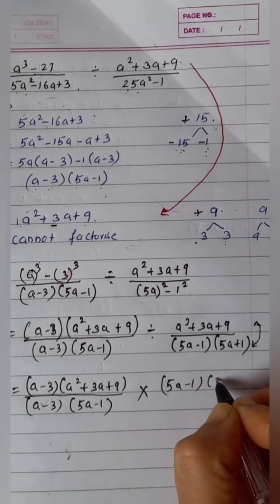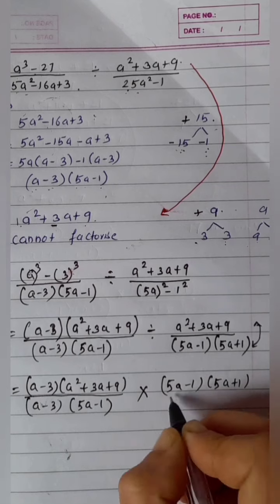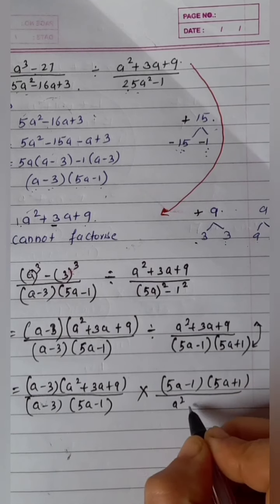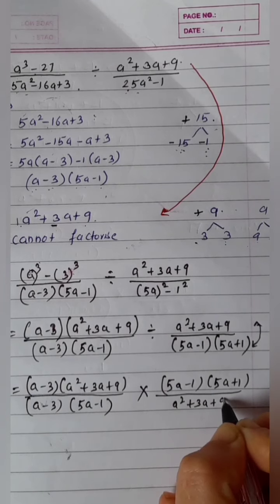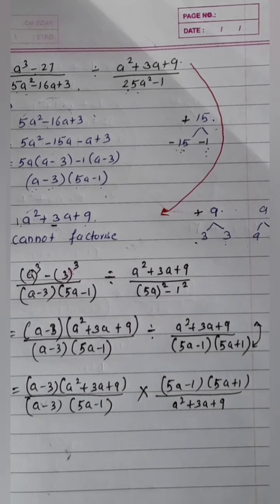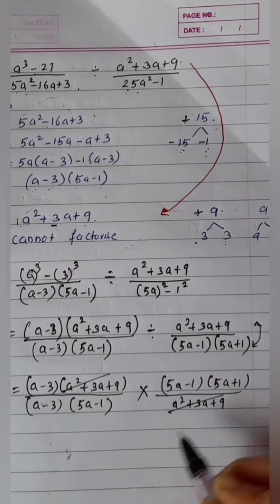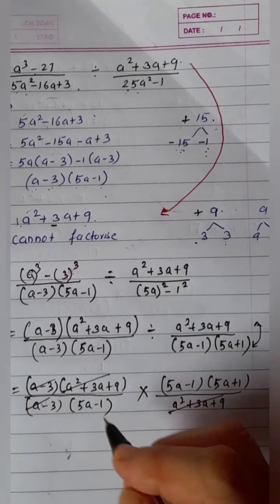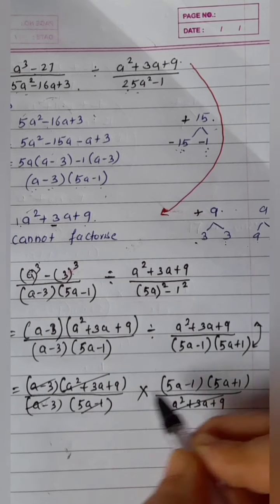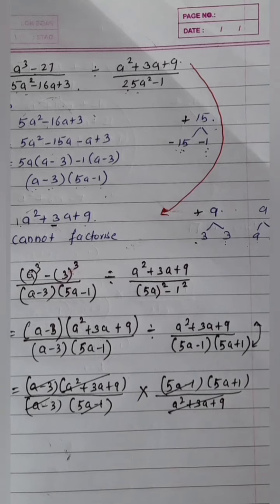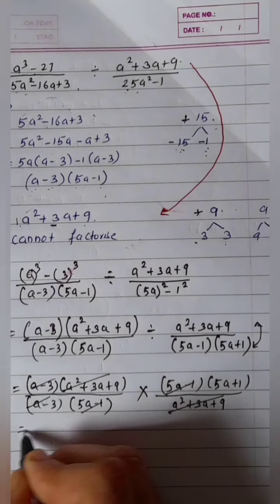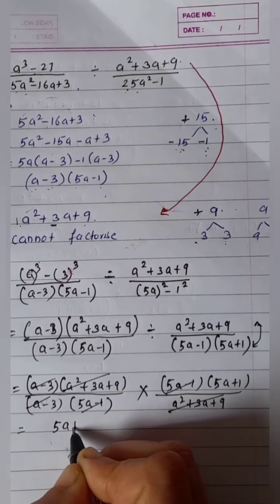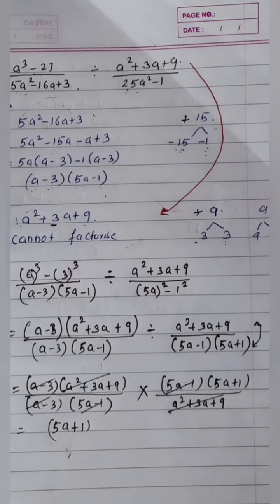So we have 5a plus 1 upon a square plus 3a plus 9. Okay, so we will cancel the terms which are same here. A minus 3 will get cancelled. 5a minus 1 and 5a minus 1 will get cancelled. And finally we have 5a plus 1 as the answer.